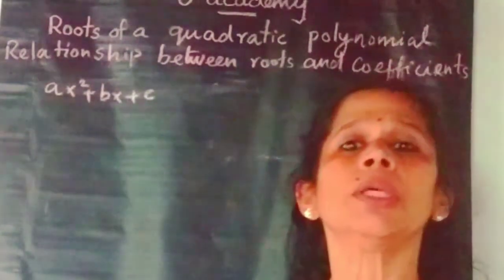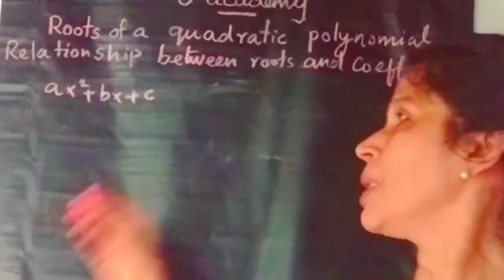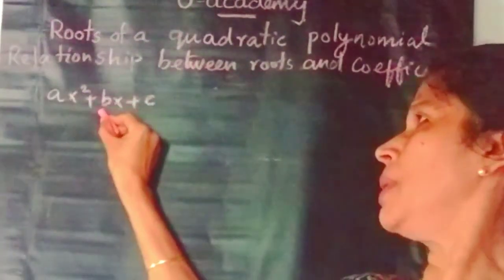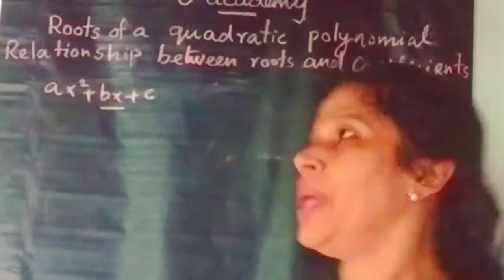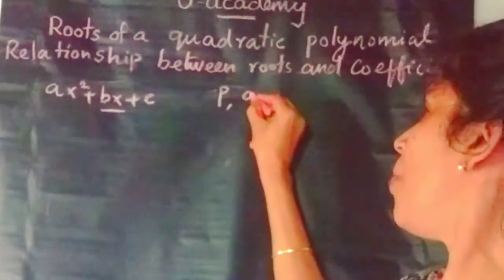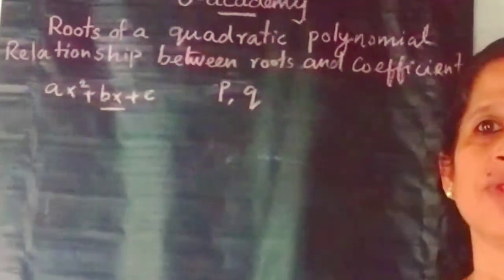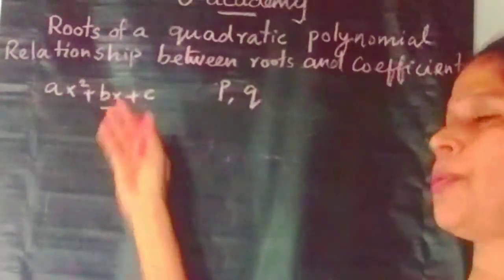There are many methods to factorize. Here we are going to use the splitting the middle term method. So let us take p and q as the two factors of the polynomial.